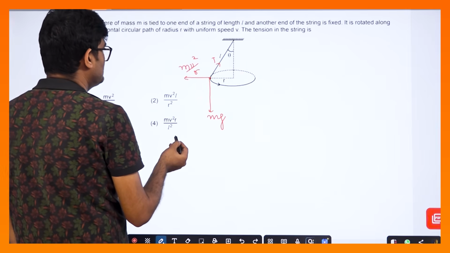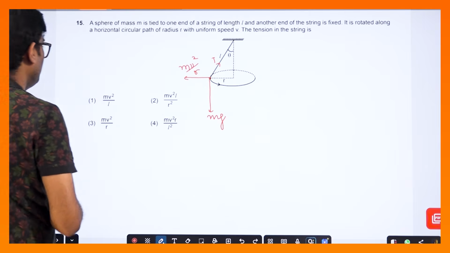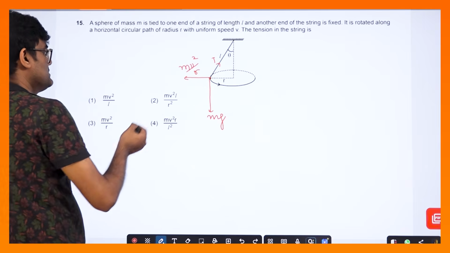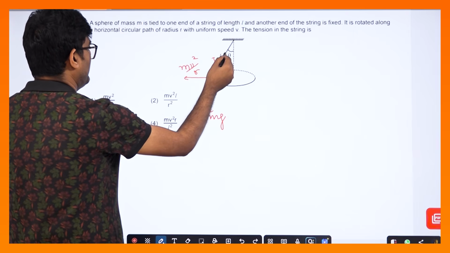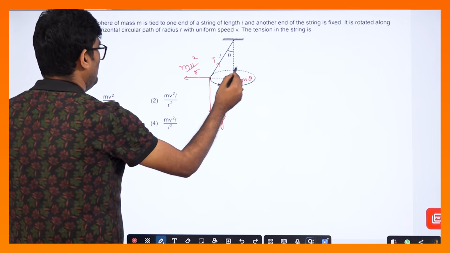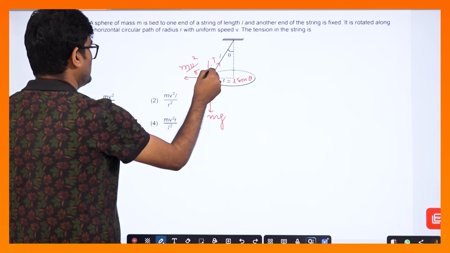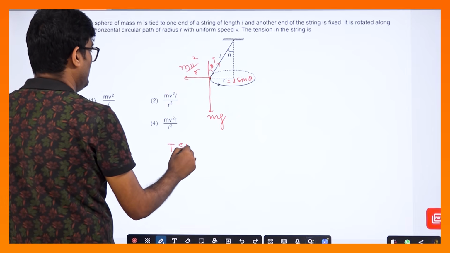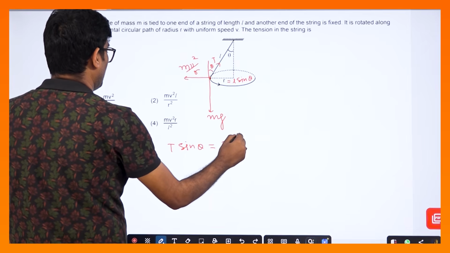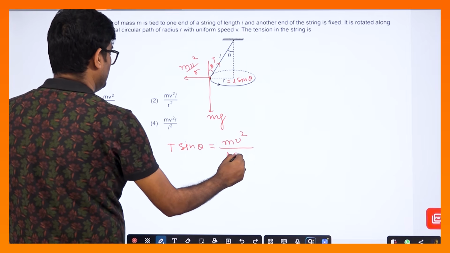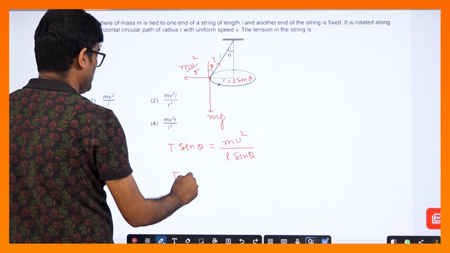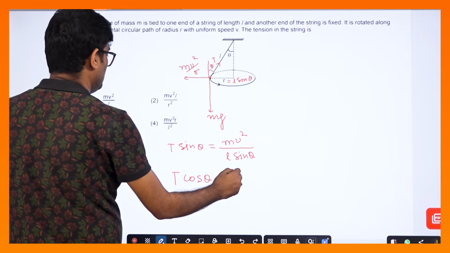The radius r is equal to L sin theta. If I take the components of tension, then T sin theta is equal to mv square by L sin theta, and T cos theta is equal to mg.